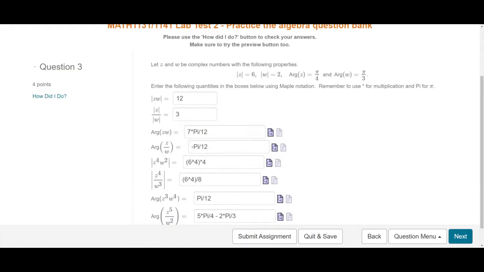All right. So who can tell me on the chat? We got 15 people here. Why is the modulus of the product 12? Who can tell me? You can turn on your microphones too if you want to. Everyone can speak. Who can tell me why the modulus of Z times W is 12?